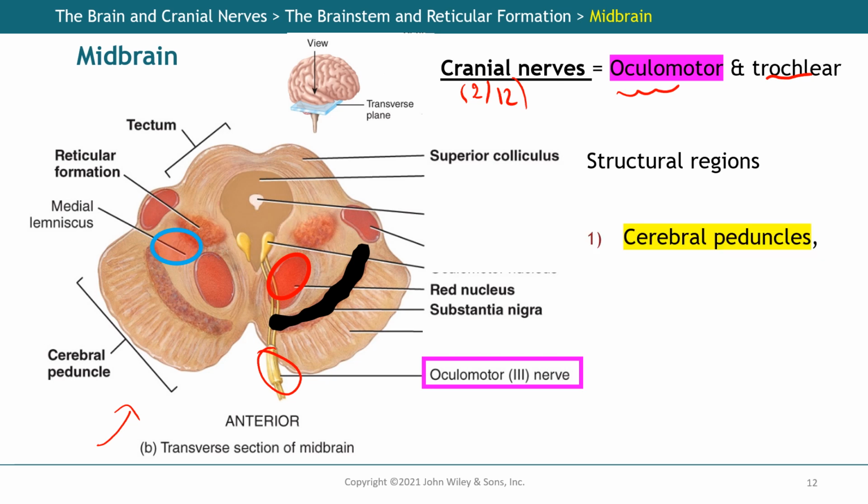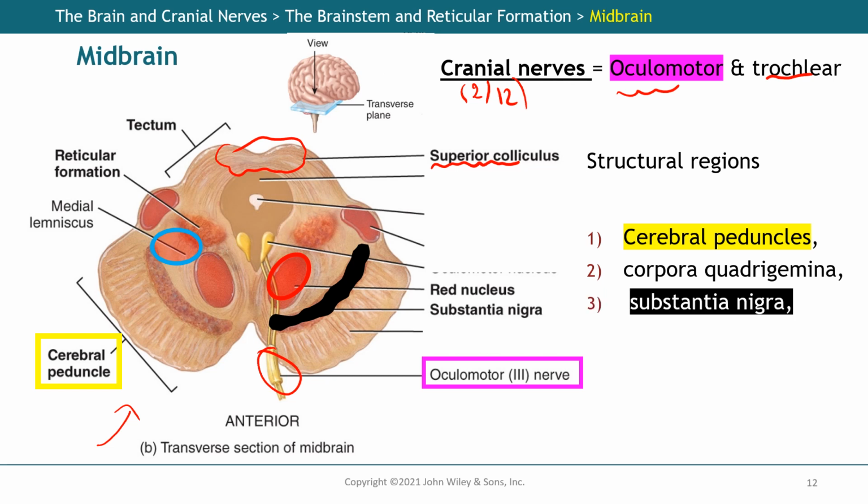So we already talked about the cerebral peduncles, which, as we talked before, are in that area. There are a lot of tracks, like the corticospinal tract. In addition to that, there is a region called the corpora quadrigemina, located in the tectum, and it contains both the superior colliculus and the inferior colliculus. Those two areas are important because they are in charge of coordinating movements.